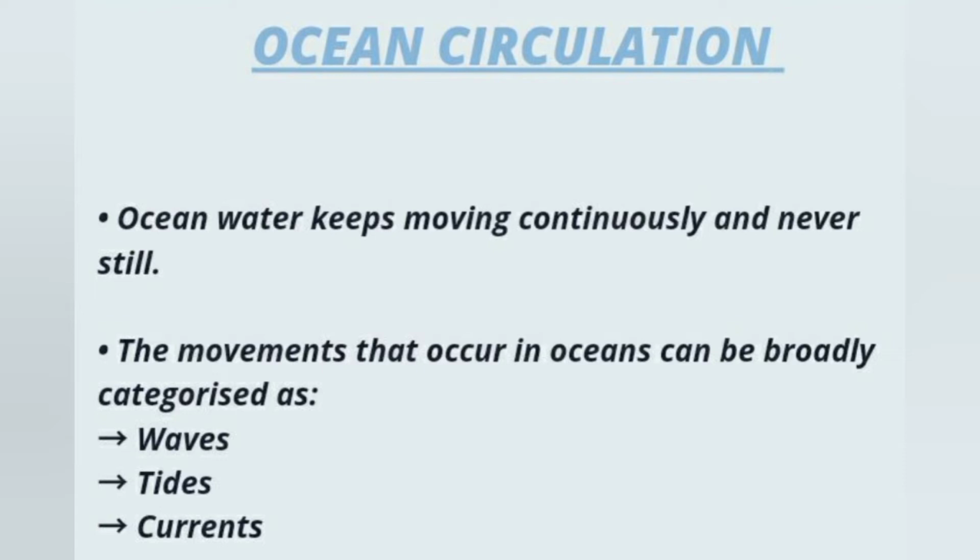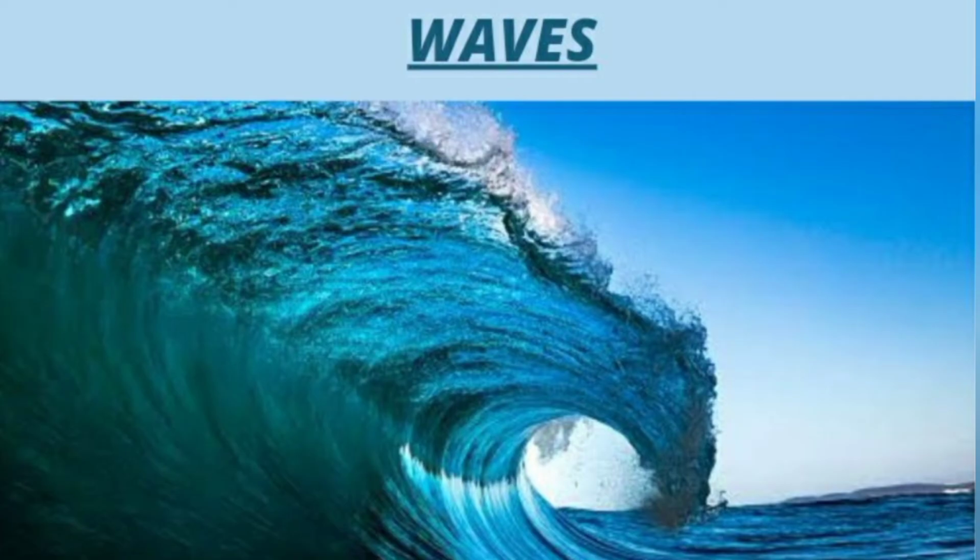The movements that occur in the ocean can be broadly categorized as waves, tides, and currents. Now, we will discuss each category in a little bit of detail. So let's start with waves.